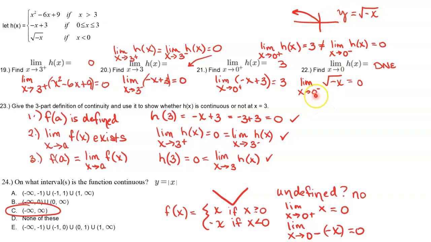The other thing that you can do is think about values that you plug in here. If you're plugging in 0 from the left, you're going to be plugging in negative 0.9, negative 0.99, negative 0.999. As you do that, negative times a negative is going to be a positive, so you're going to be able to take the square root of that. But if you were approaching 0 from the right-hand side, you'd be plugging in 0.1, 0.01, 0.001. For those values, those would all be negative and you would have the square root of a negative, which is not possible.